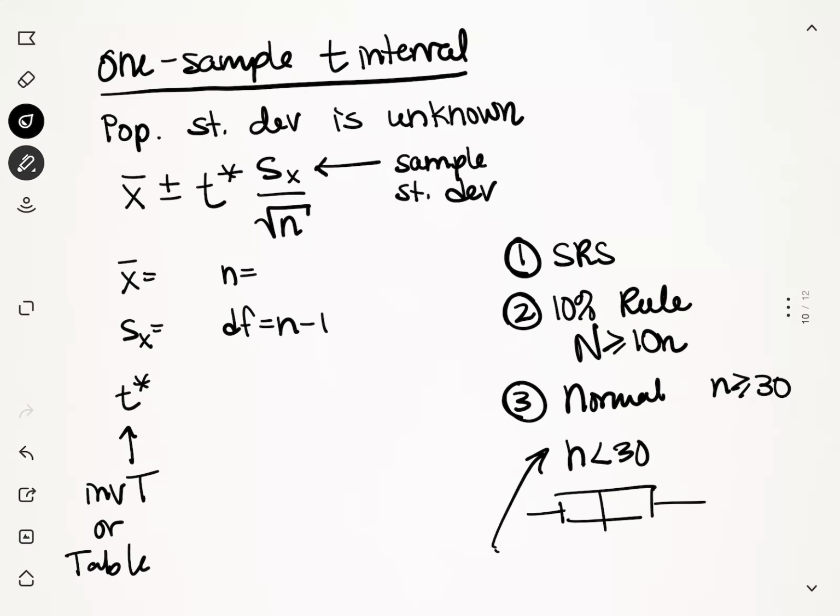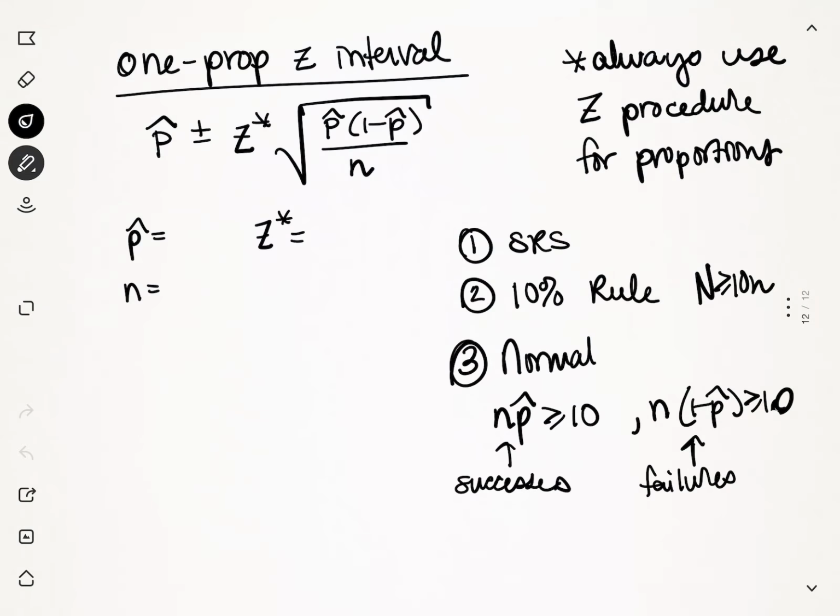We could graph the data, but we cannot graph the data for the normal condition if we're talking about proportions. Okay, we can't do that. So we would just go ahead and proceed through the interval calculations and comment about the interval and then make a comment about that condition not being met and how it affects our conclusion.